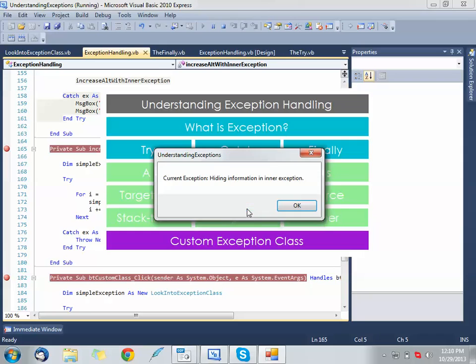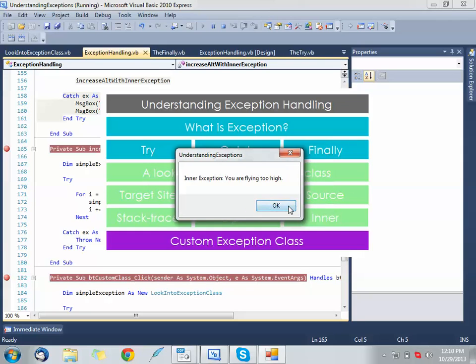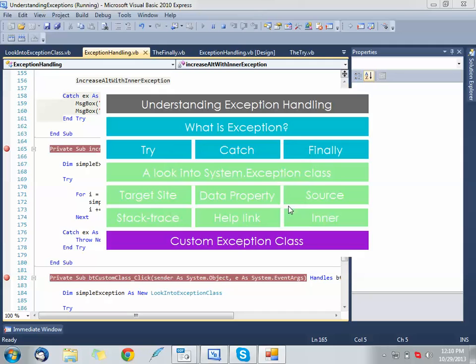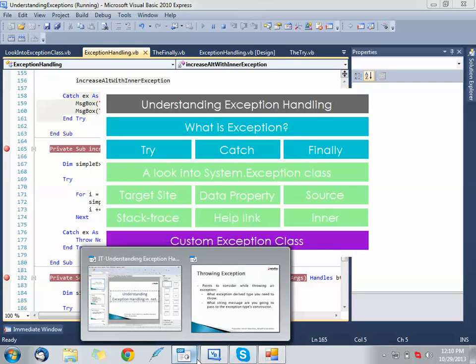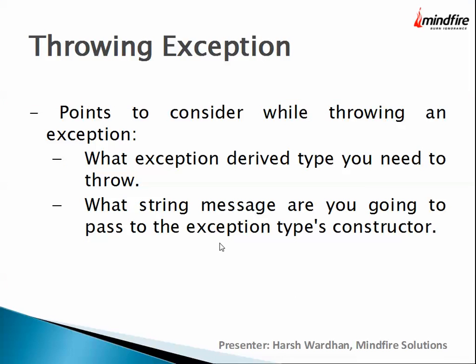Current exception is hiding information in inner exception, and the inner exception was the basic exception due to which it occurred: you are flying too high. Okay. So now I think we are clear on throwing exceptions, and we are familiar with the properties of the System.Exception class.